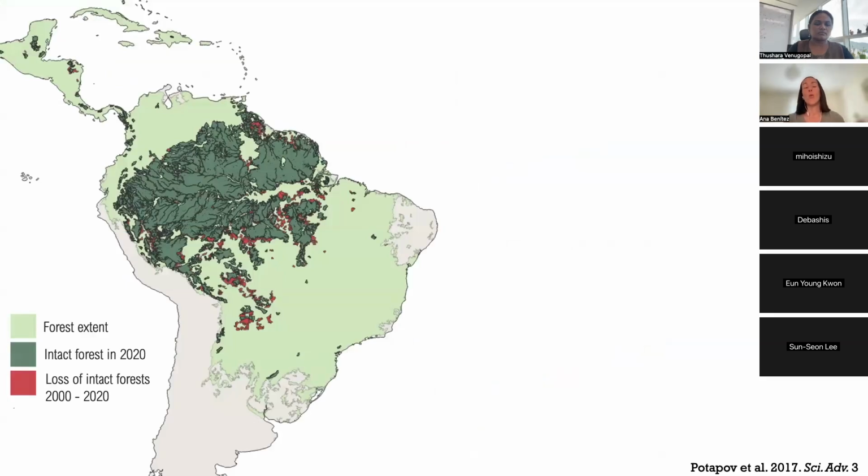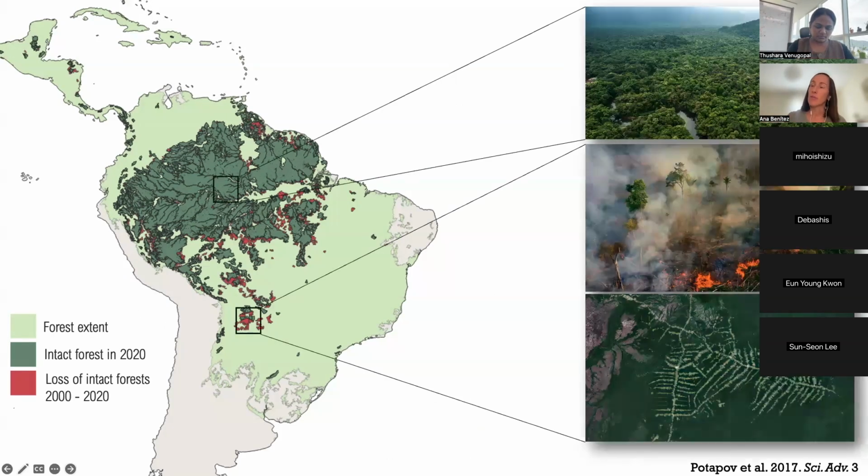And again, we can use remote sensing to detect areas of intact forest where we can see an undisturbed canopy, and then areas, these red areas, where we can see processes like habitat fragmentation, agricultural expansion, fires, and so on. But what's going on here? Is this area really intact or not?